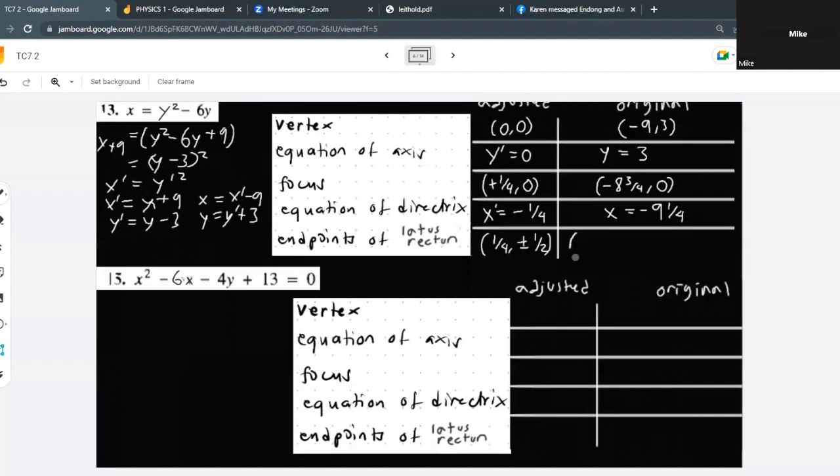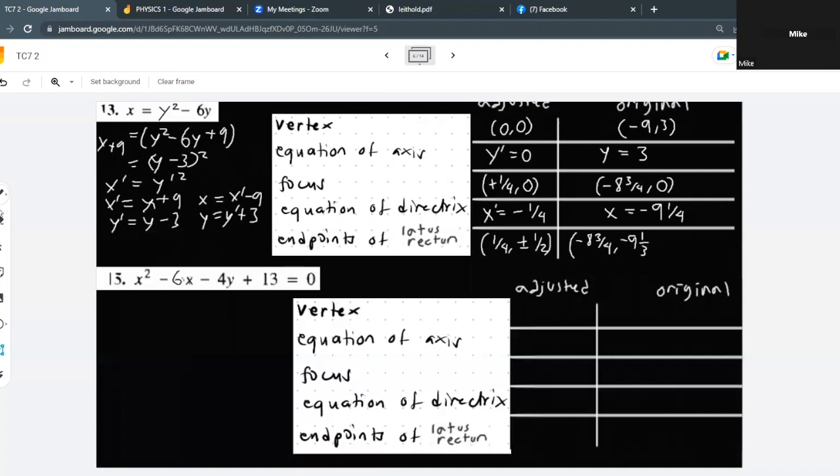Tapos, yung 1/4, 0, yung x, yung original value ng x is 1/4 minus 9, ano? Tapos yung y naman is, so bakit yung focus nasa 0? Tingnan mo yung position ng focus.